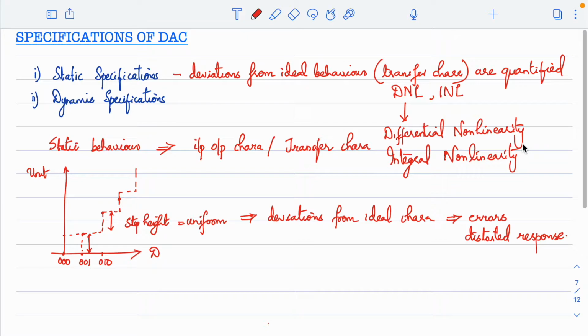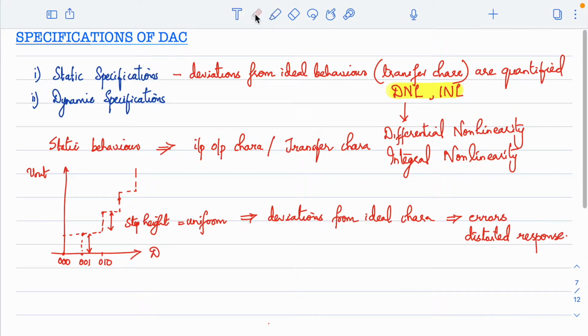That means for every bit change the step height should be uniform, but due to some non-idealities, if there is a non-uniform step height, or if there are deviations from the ideal behavior, that will lead to errors or distorted response, and those things are quantified with the help of static specifications, and two important static specifications are DNL and INL, right? We'll look in detail at what DNL and INL are.